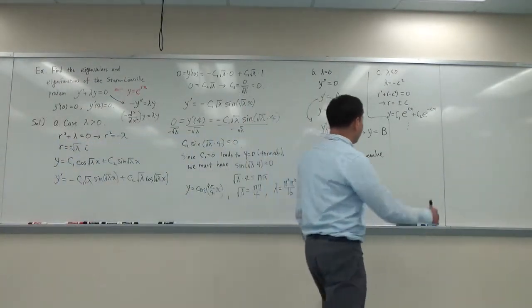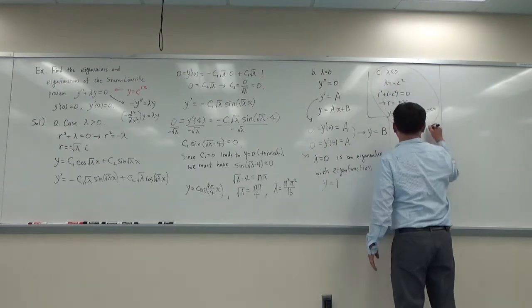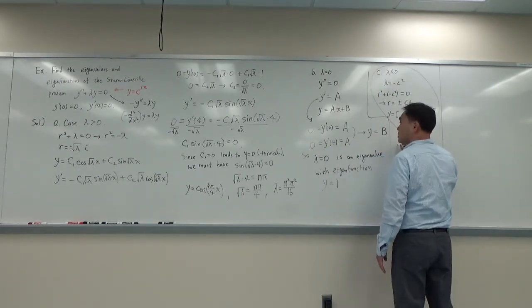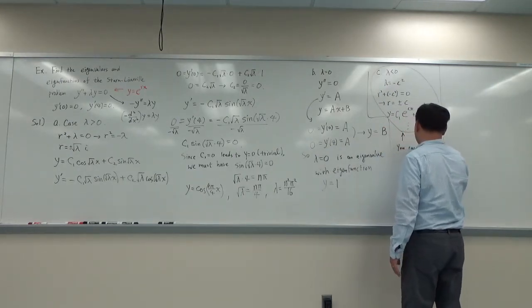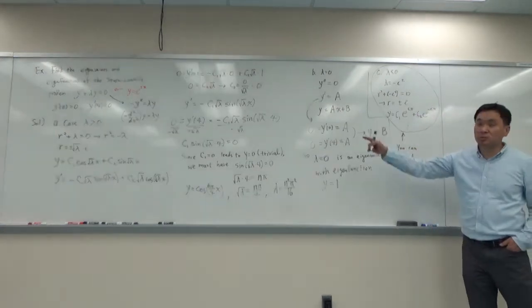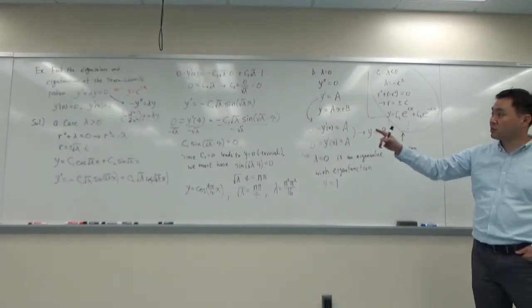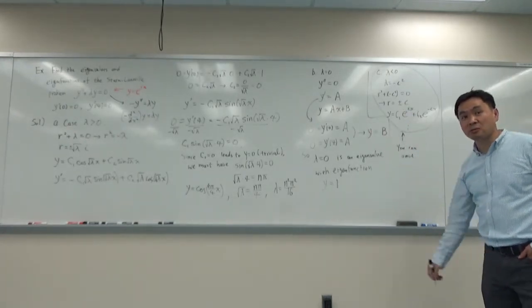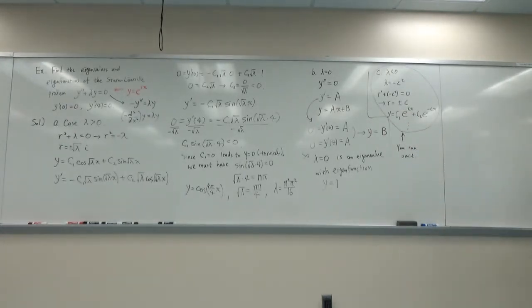So this one can be omitted. So you just have to do the case when lambda is positive and the case when lambda is 0, and that's it.